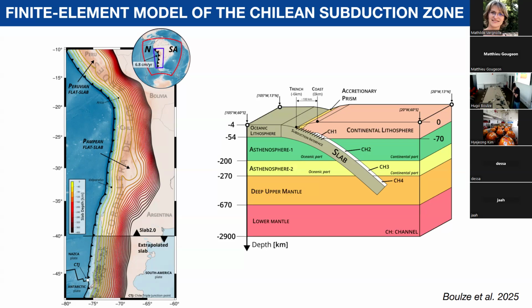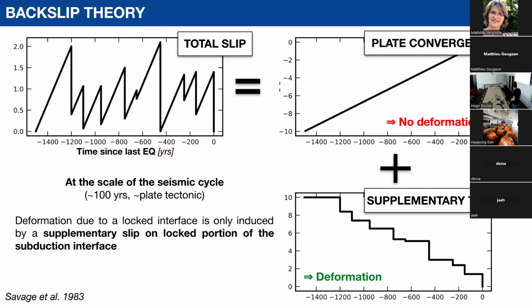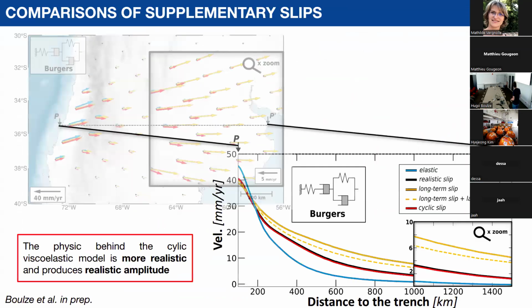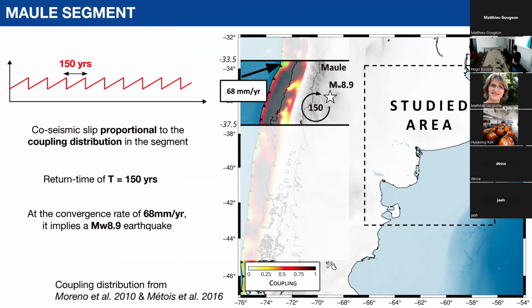It was a very great talk, Hugo. Thank you very much. When you show us that the viscoelastic cycle model is working to explain the GPS data at short time and in the near field, in your model, you don't model the afterslip part, whereas it's an important component in subduction zones.